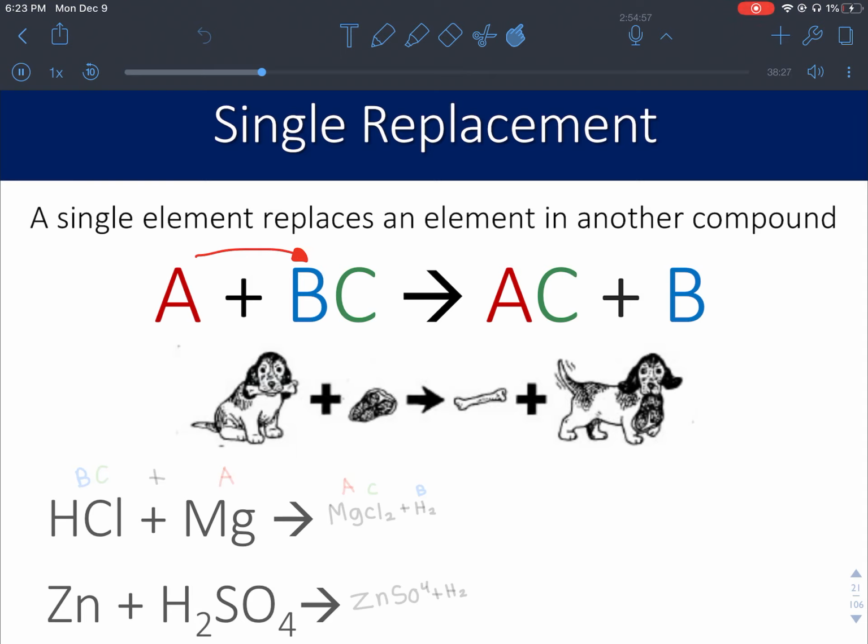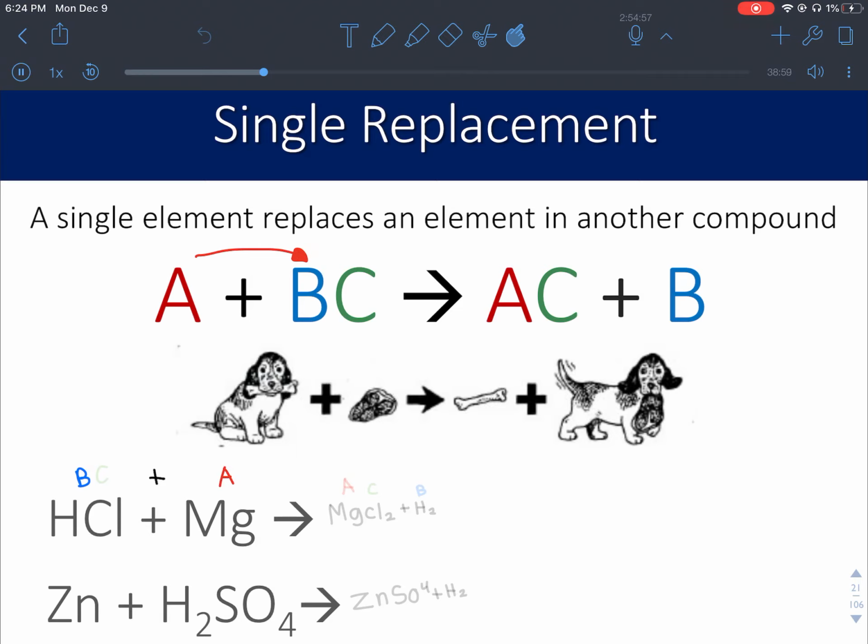So for this one, this would be like my A, the one thing that's alone. And it doesn't matter which order it is as long as it's on the reactant side. So we have A, and that's mixing with BC. Here's my BC, my compound. I want to be consistent. Here's my B, here's my C. So I know A is going to have to bump out my hydrogen.